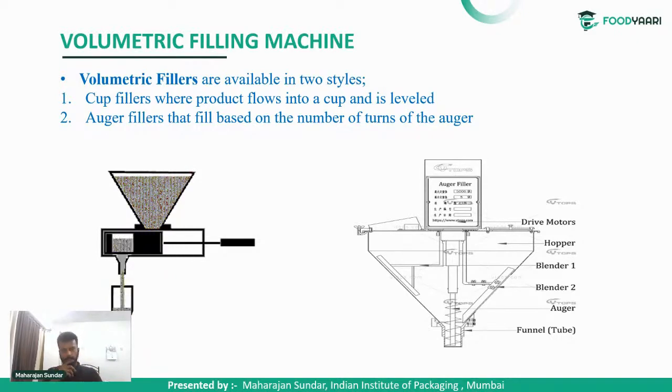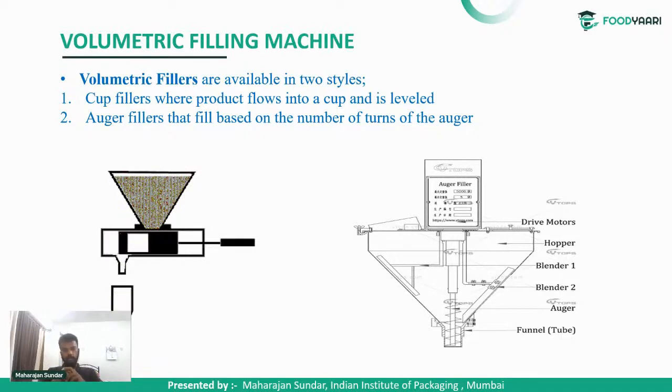Then auger fillers. Auger fillers are basically used for fine particles which are hygroscopic in nature. The rate of dispersion is based upon the rotation of the auger.